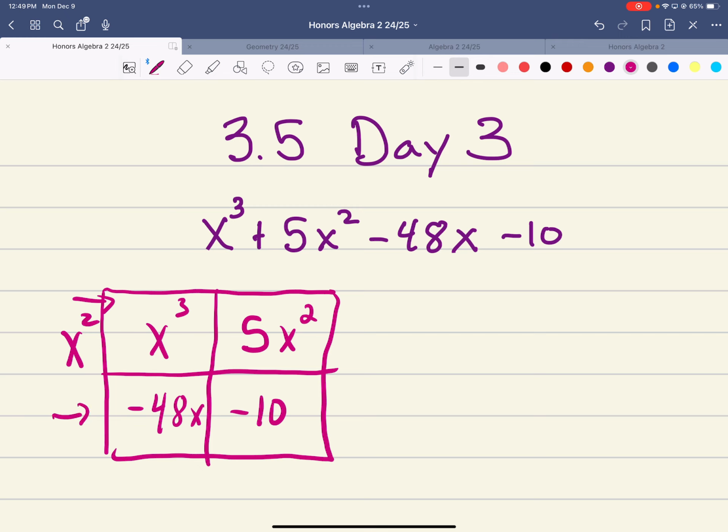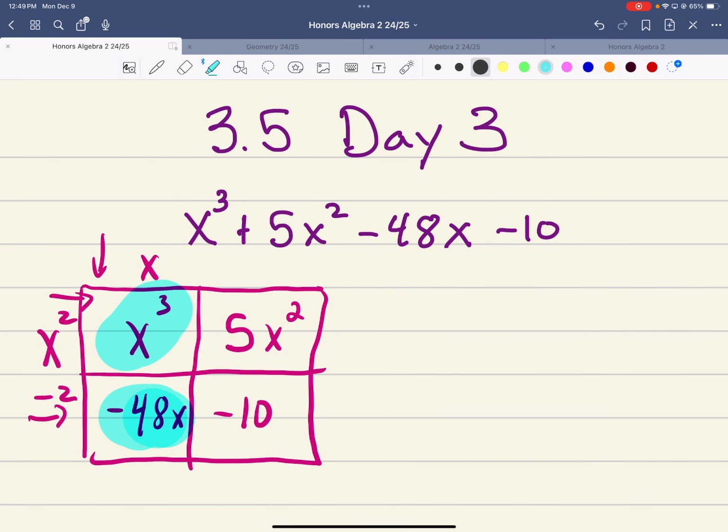In this direction, it's -2. Going this way, it's x. So the first one works, but does this one work? No. So you can't factor this using the box method. It just doesn't work. And that happens sometimes.